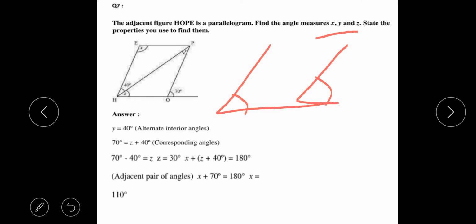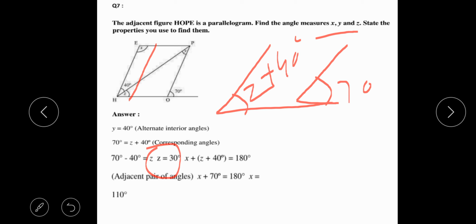So this angle is your 70 degree, and here this is z plus 40 degree. So 70 degree is equal to z plus 40 degree. So we can easily calculate the value of z is equal to 30 degree. Now similarly we can solve for x using these two angles, x and z plus 40.